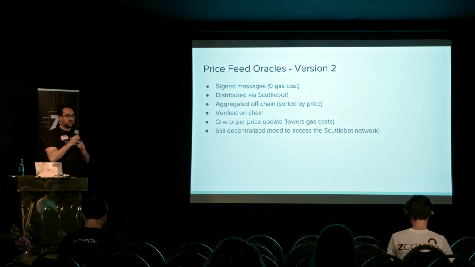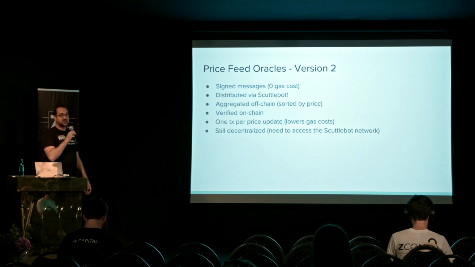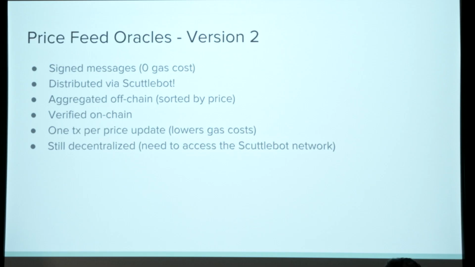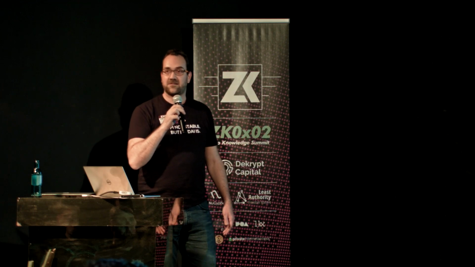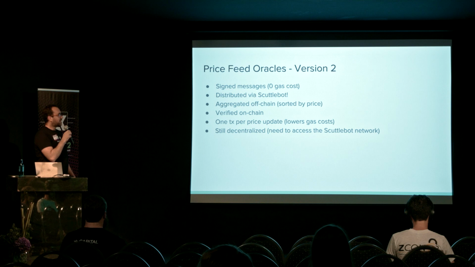So we're moving to a version 2, which uses signed messages. Every single oracle has just a public-private key, they're an Ethereum address. They sign messages with the price and timestamp. They're distributed via Scuttlebutt, which is really amazing, and I'm looking forward to the Scuttlebutt talk later. They are aggregated off-chain.